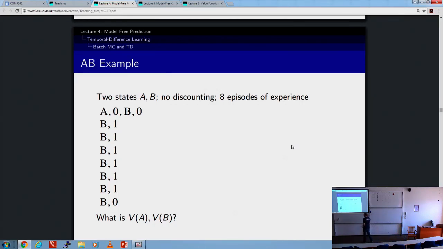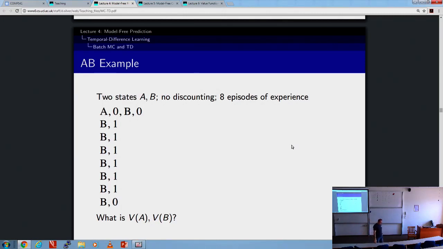Hint: VB is the same because there is no next state. B is always the last state in this game. So TD is going to estimate the value of B the same way, and it's going to be 0.75.